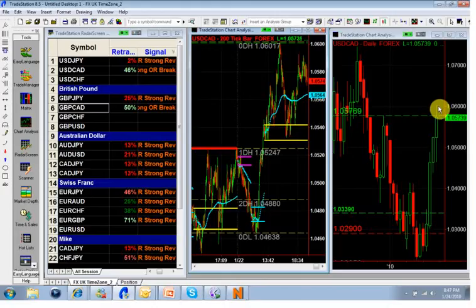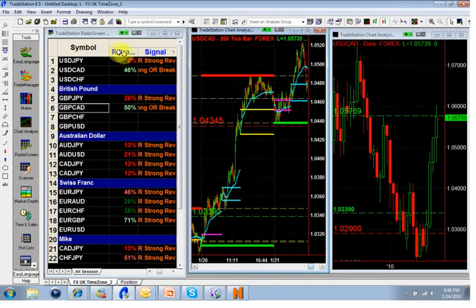If it were strong, it should have given me a similar move. So if you want to trade it, you trade it based on its characteristics or its merits, and in this case, you have to be using a rather wide stop as far as the pound CAD goes. Okay?